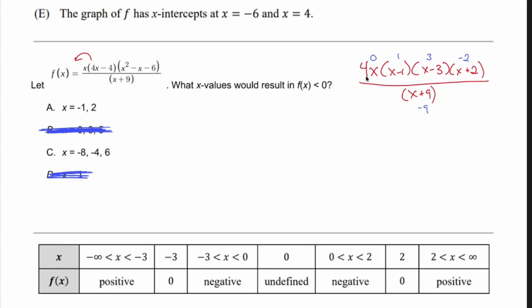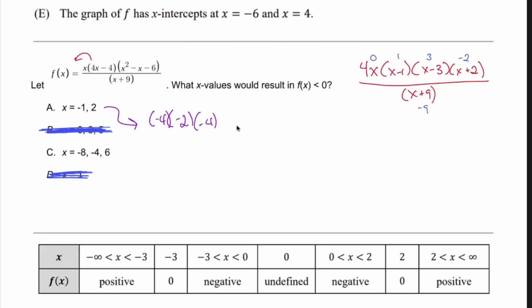So I'm going to plug in -1 into this and see what I get. Let's just do this one factor at a time. Plugging in -1: 4 times -1 is -4. -1 minus 1 is -2. -1 minus 3 is -4.